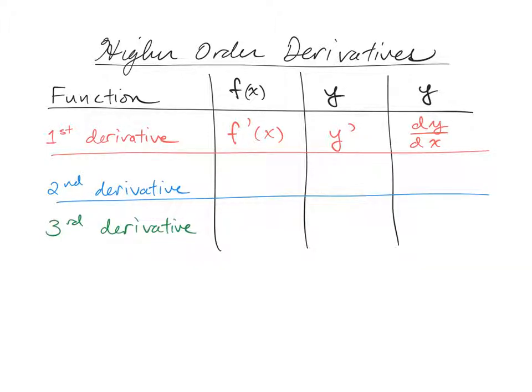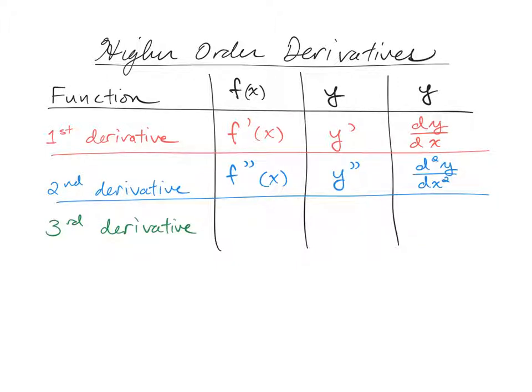So if we can keep finding the derivative of a function, we can find the derivative and find the derivative of the derivative. So some notation would be like this: f double prime of x, y double prime, and then over here with the dy dx, this would be d squared y over dx squared.